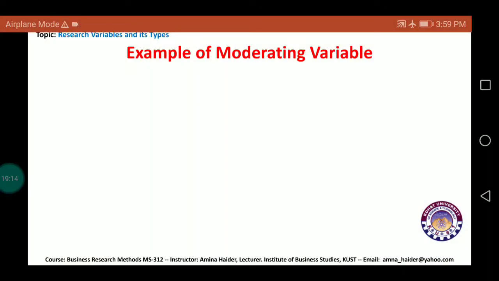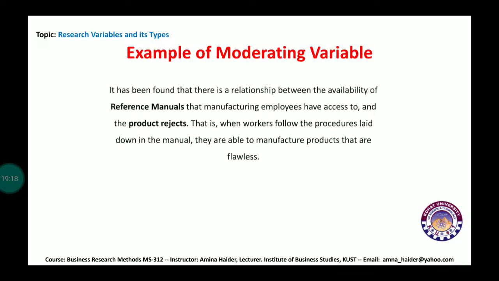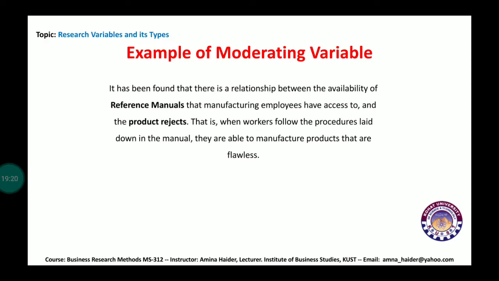So moving towards an example of a moderating variable, we will read the statement and then we will try to understand the moderating variable. It has been found that there is a relationship between the availability of reference manuals that manufacturing employees have access to and the product rejects.